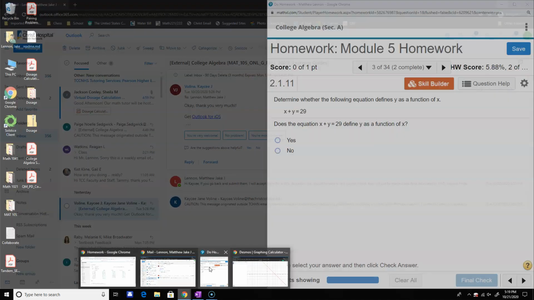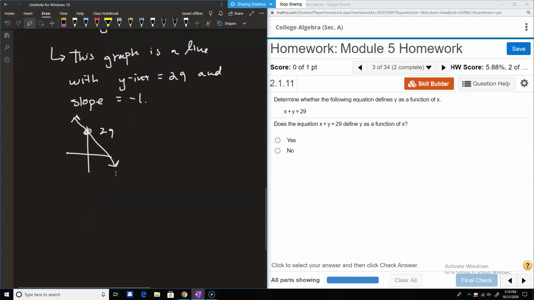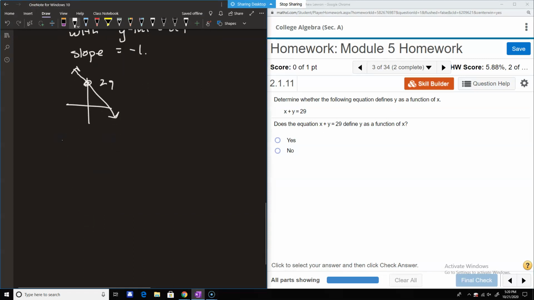So this one and this one. Let's just reiterate what the vertical line test is. So this is a function. So we have the vertical line test.